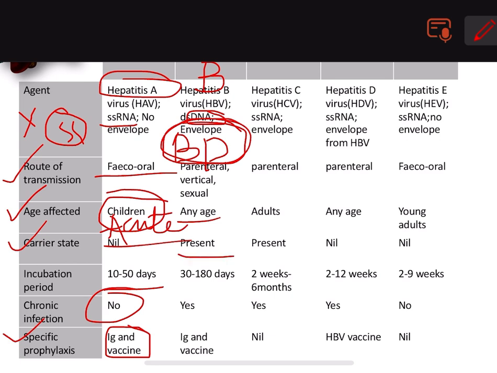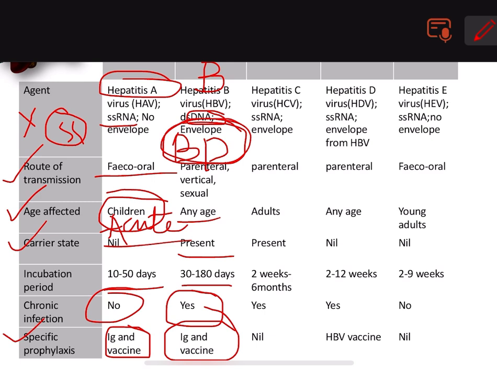Incubation period is 30 to 180 days. Chronic infection is seen. Hepatitis A is acute, whereas chronic infection is present in hepatitis B, and the specific prophylaxis will be immunoglobulin and vaccine. All of this will be discussed in detail. For now, let us just have a gist about it.